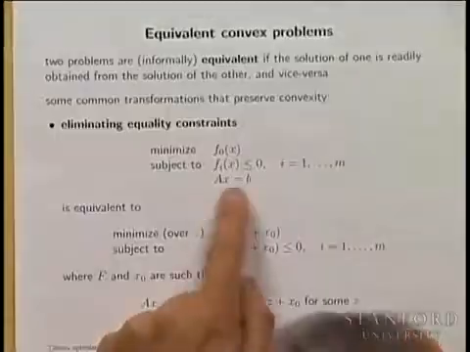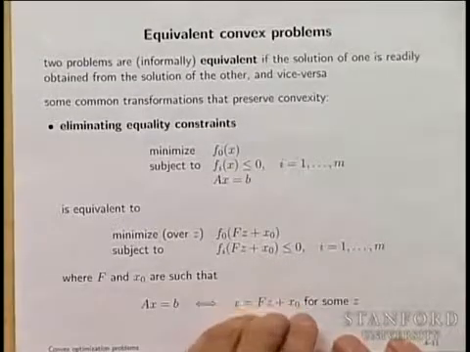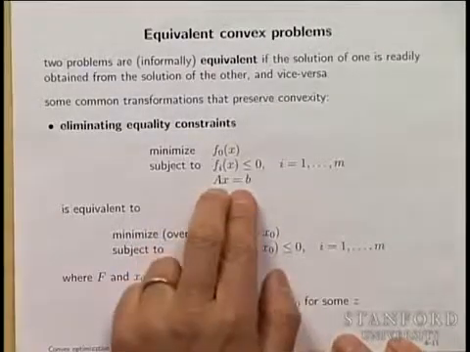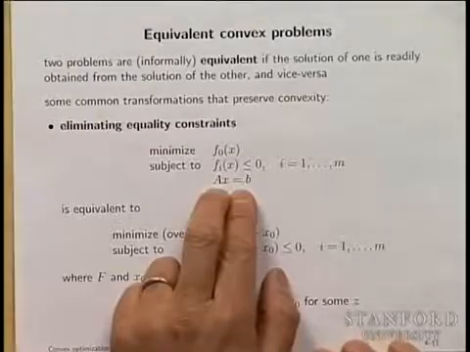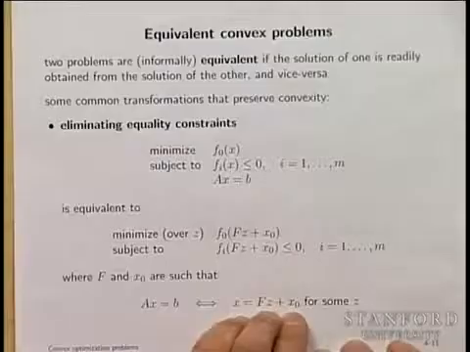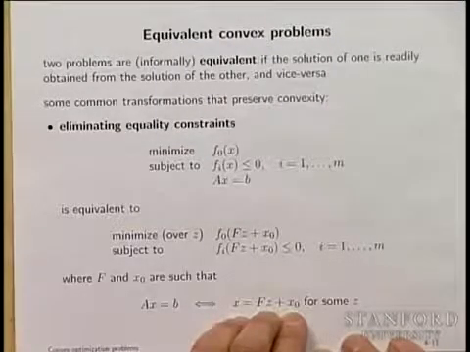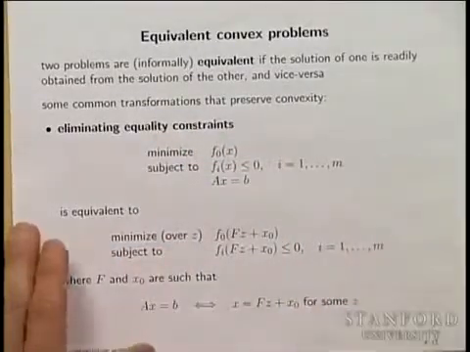So it's just linear algebra to go from A, b to F and x0. But the point is, this is what people would call a constrained representation of an affine set. And this is what people would call a free parameter representation. So this is parameterized by z, which is now free.